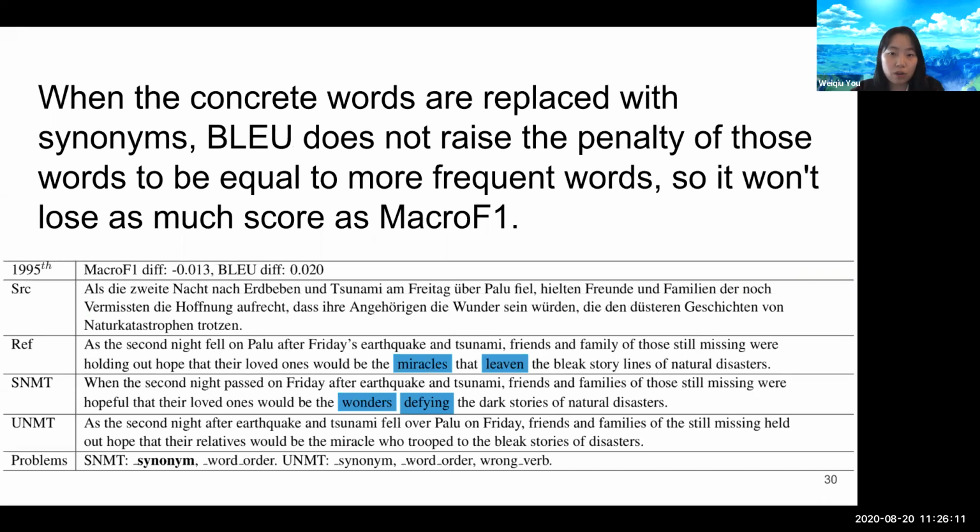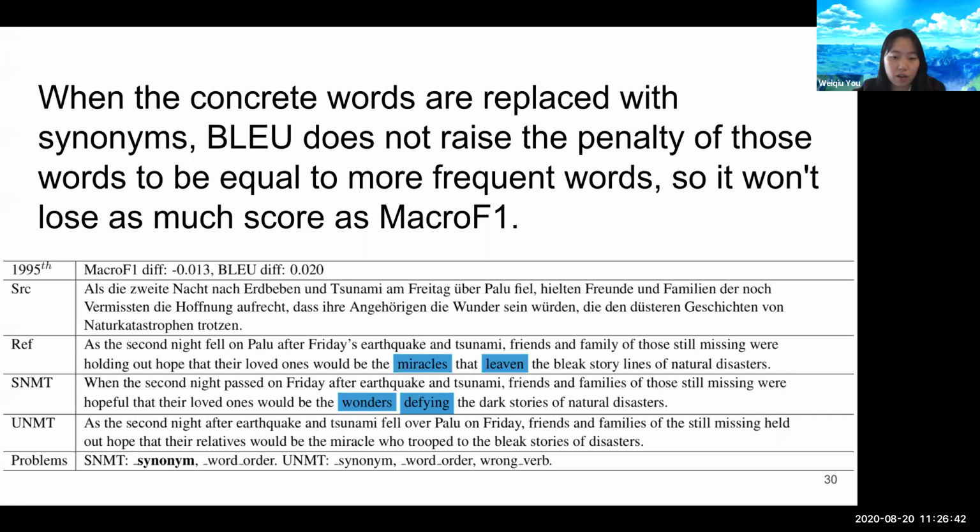Also, for the synonyms, here we can see that the highlighted words are synonyms in SNMT. But macro F1 will claim that these words are not the right words, and they have more weight on these words.